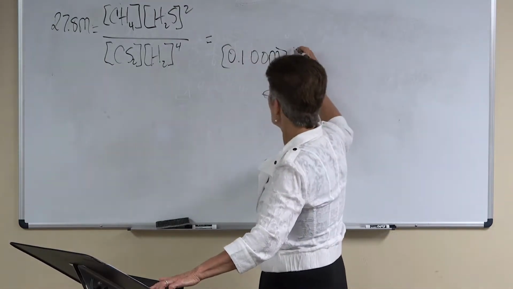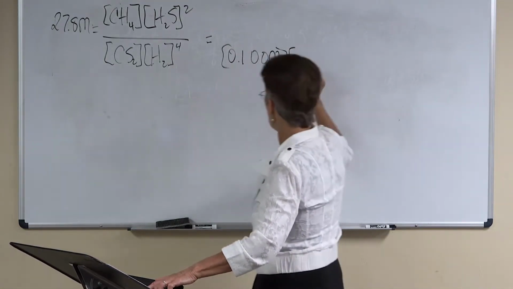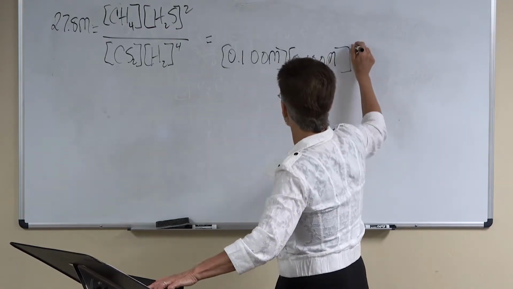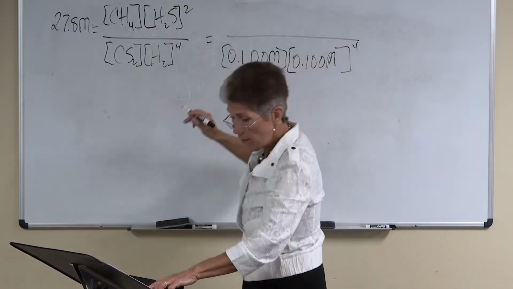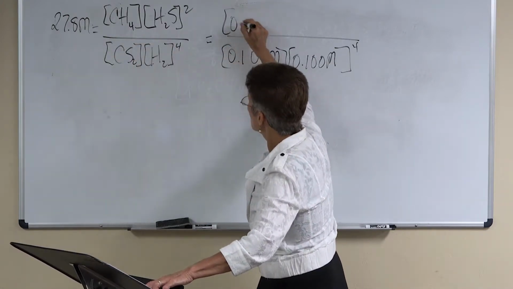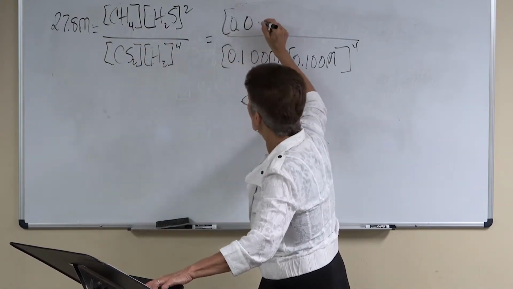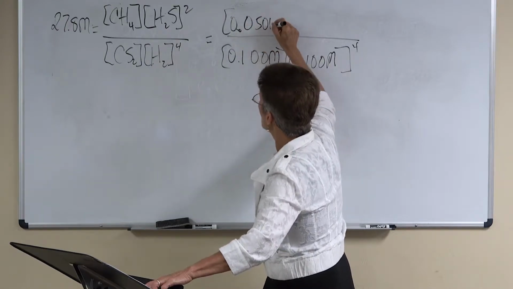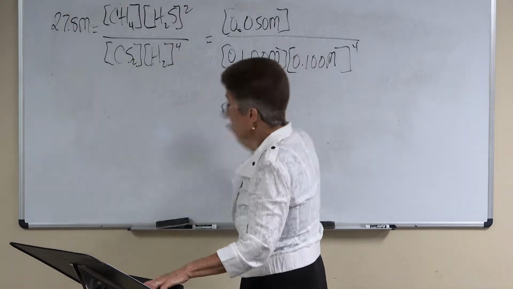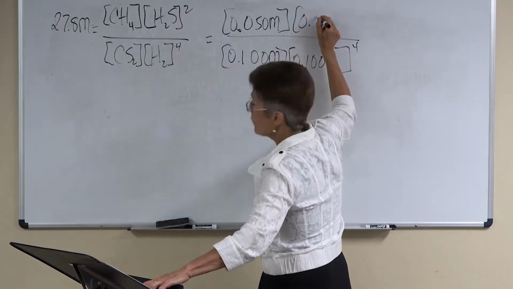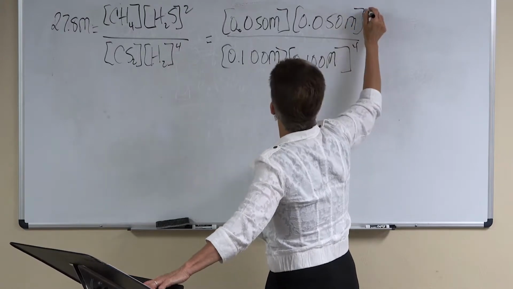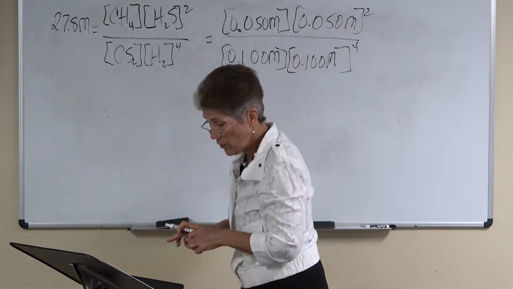The next thing he gives you is H2, so we're going to put that in, 0.100 molar, and that's to the fourth. And then the next one we're given is this one, so we're going to put in 0.050 molar, and no exponents there. And this next one is 0.050 molar, and we have that one squared.